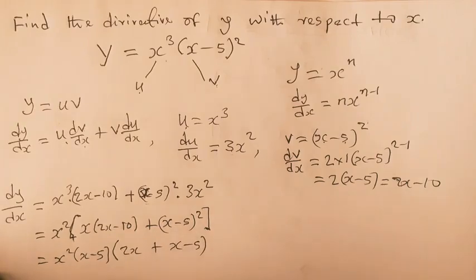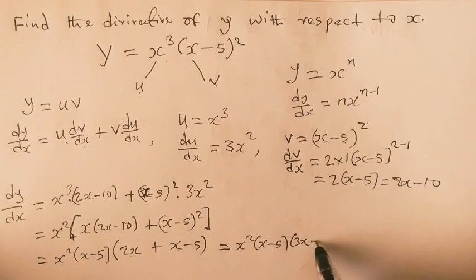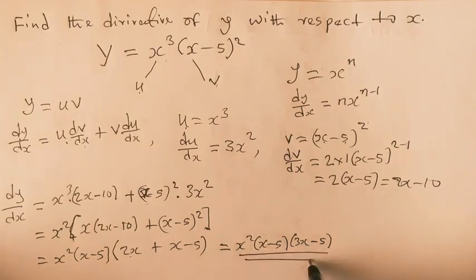So by implication, this is equivalent to x squared in bracket x minus 5 close bracket, then this plus this will give us 3x minus 5 close the bracket. We can decide to open this bracket, or we leave our answer in this form. We can open the bracket to make it one equation, or we leave it like this. Whichever one is still the same.